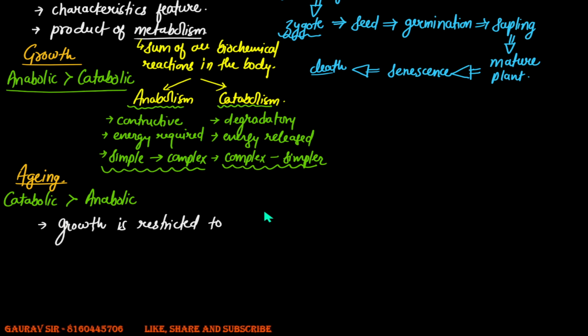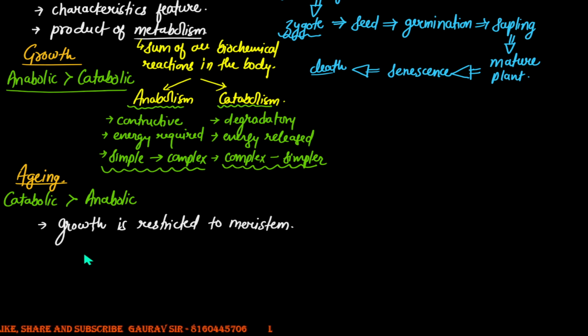And why do I say that growth is restricted only to the shoot and root tips? It's because both of these regions contain a specialized group of cells called meristem, right? So the growth in case of the plant is restricted to the meristematic cells.